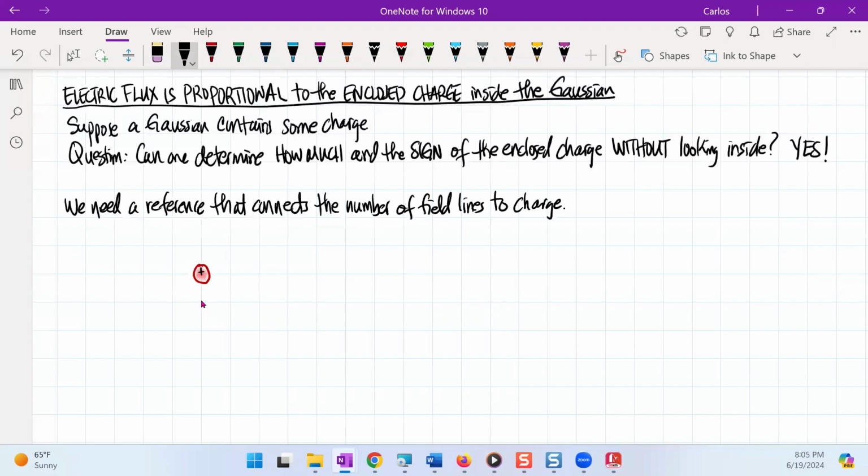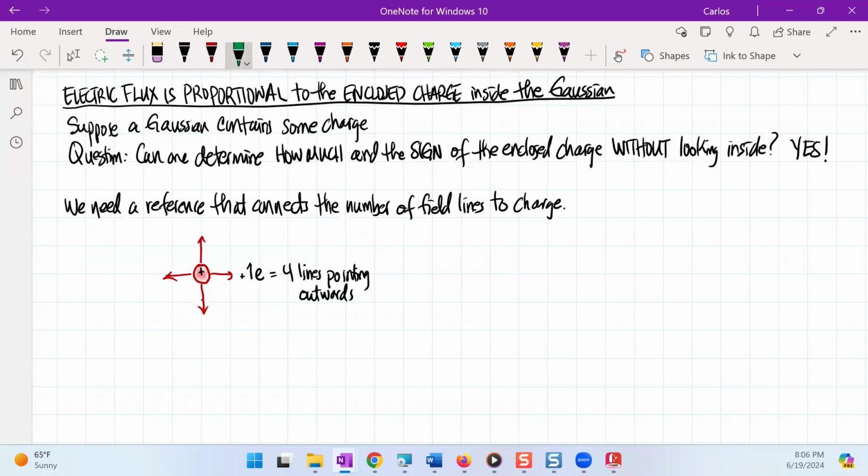And what I said last time is if we have a single positive charge, we were going to say that this was 4 lines pointing outwards. So in other words, I have field lines. If I can see 4 field lines, then I know that it's a positive charge.